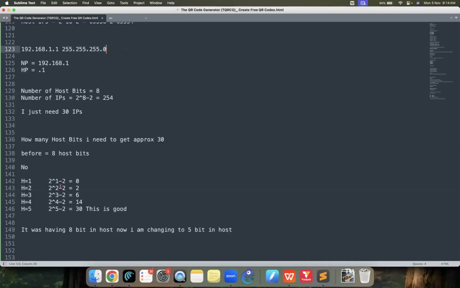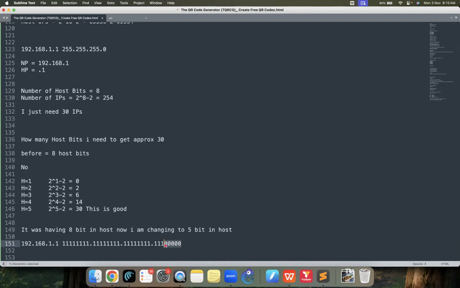Only that 255.255.255.0, and 192.168.1.1. Before, it was all zeros. Now we have only 5 zeros, so these 3 bits will become part of the network portion.